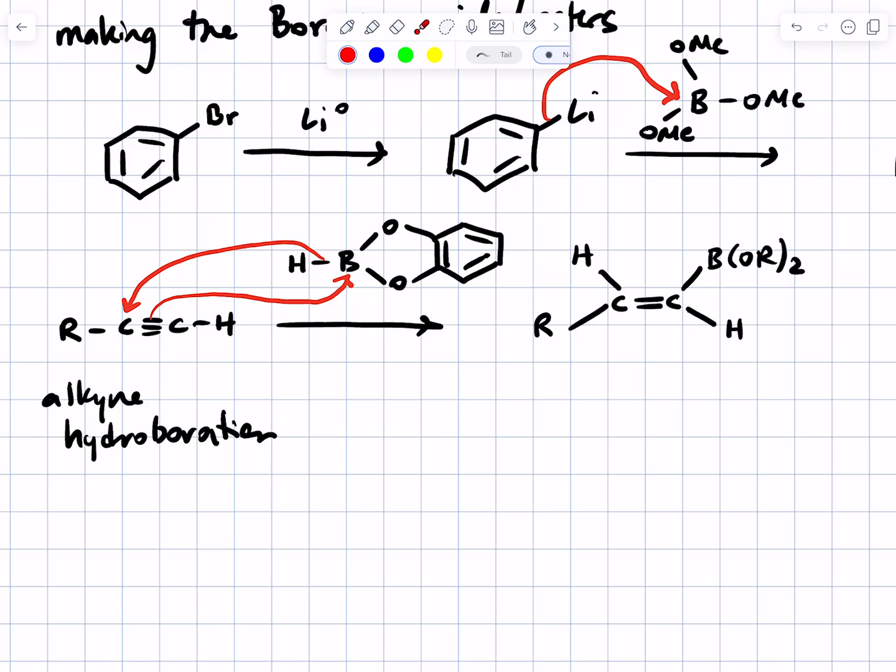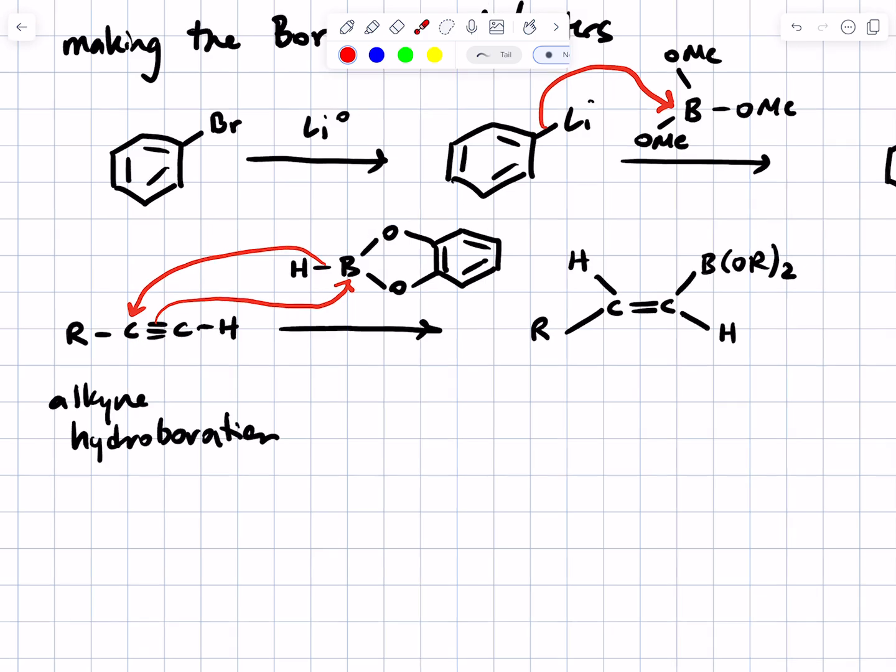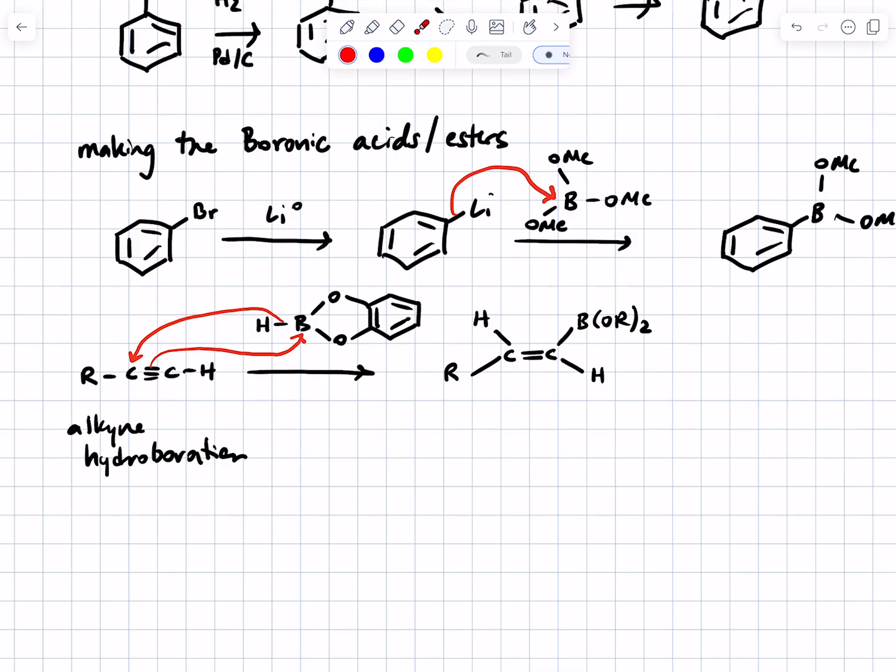That leads to a buildup of partial positive charge on the more substituted carbon where it's more stable. So this is a great way to get a vinyl boronic ester simply by hydroboration of an alkyne.